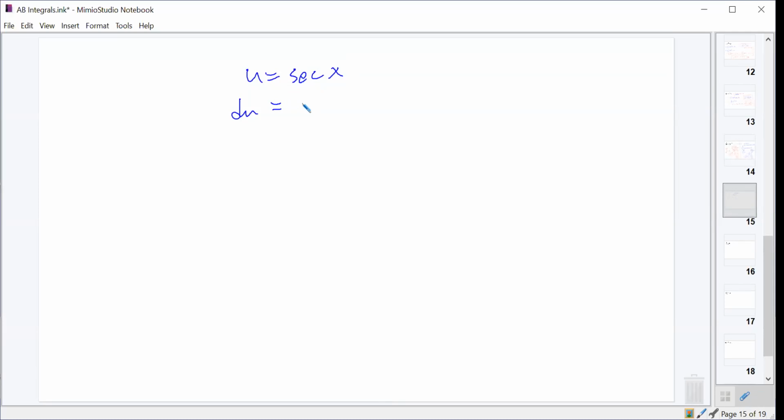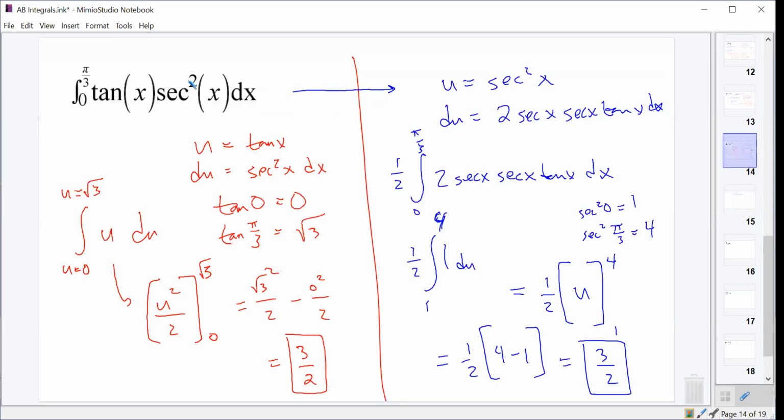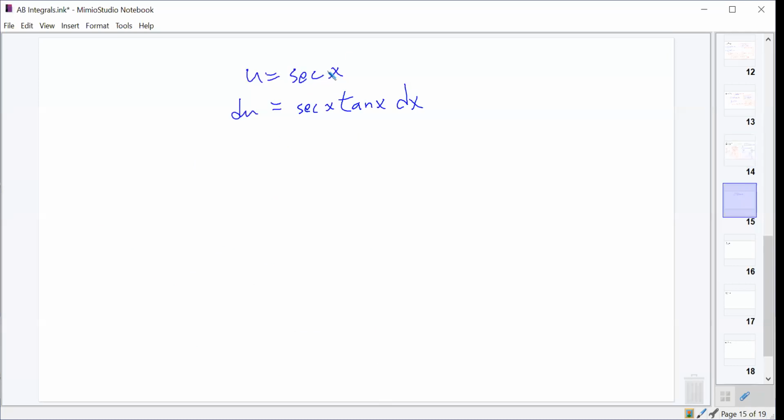This is the easy one. Secant x, what? Tangent x. All right. And so if we go back and look at this integral, I have a secant squared times a tangent, right? So that's secant times tangent. Well, the secant will be a u, and then the secant tangent will be my du. So that's going to give me an integral of u du.